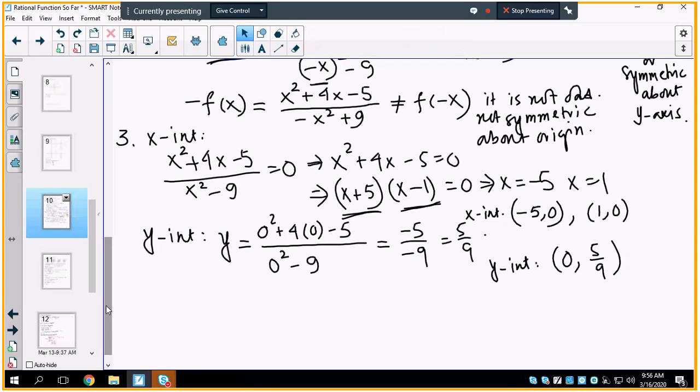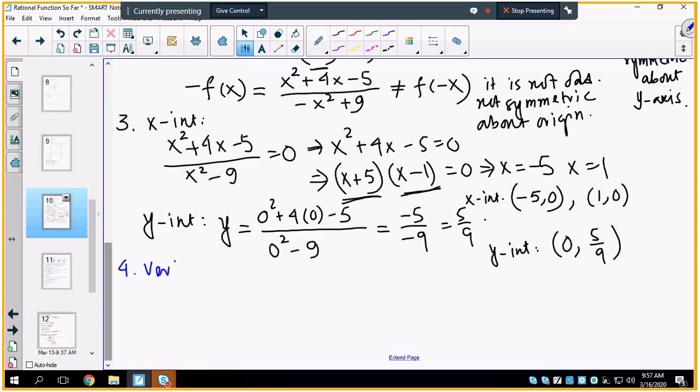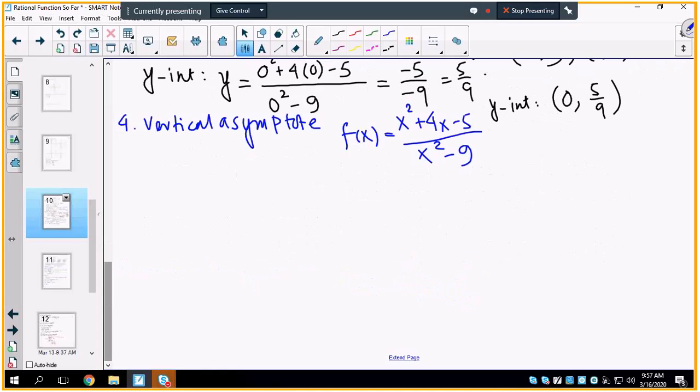Step number 4 is finding the vertical asymptote. And I know the process. I'm going to first simplify the fraction. So we'll write f(x) equal to x squared plus 4x minus 5 over x squared minus 9. Remember, to simplify, I'm going to write them as linear factors. So we'll say x plus 5 times x minus 1.